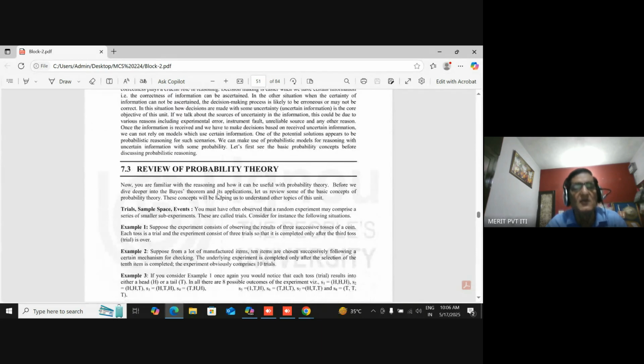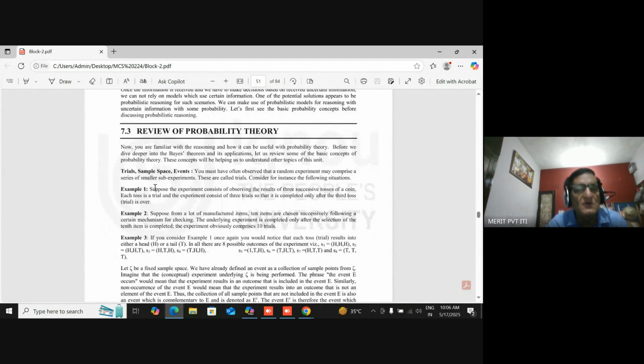So this is the review of probability theory: sample space, event, trial, the theory of dice. You throw the dice, you'll get one number; or as you do in cricket, you toss the coin, either head or tail.